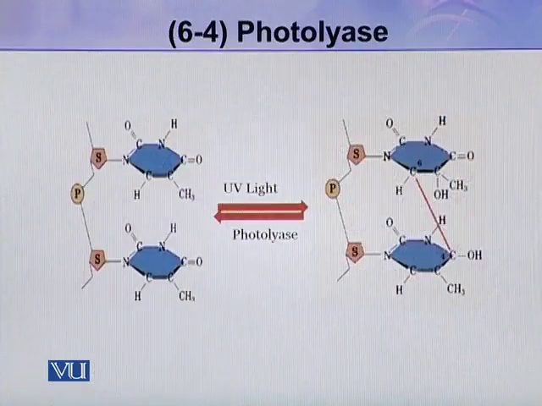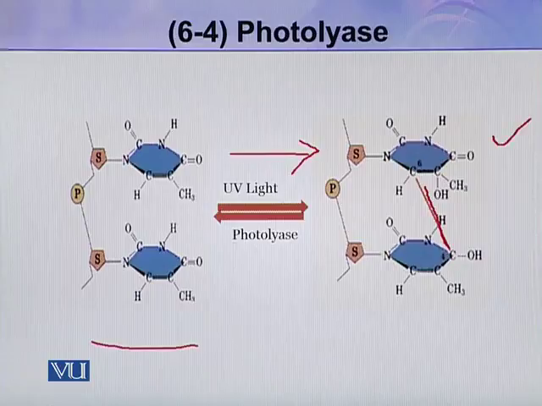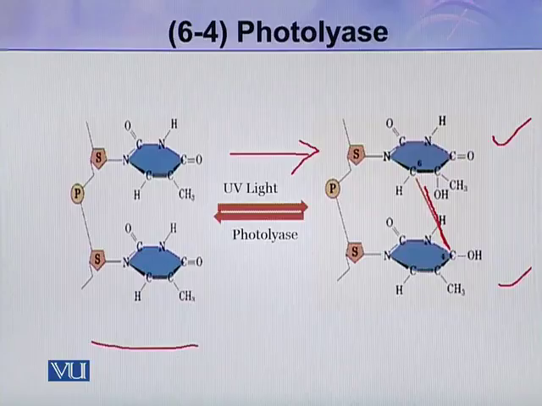So here you can see this is normal DNA, and if it is exposed to UV light, it will make this additional bond between the adjacent thymines. These are two adjacent thymines, and this is the 6,4 photoproduct.